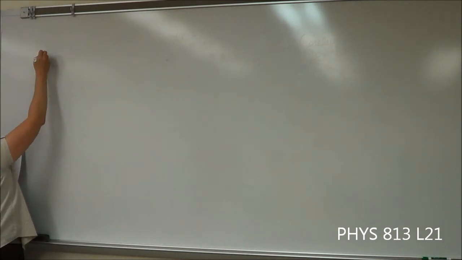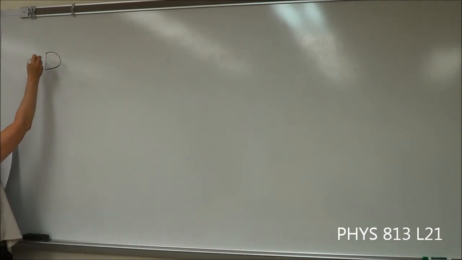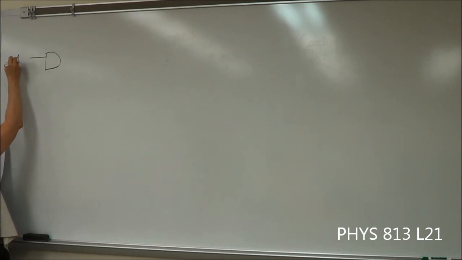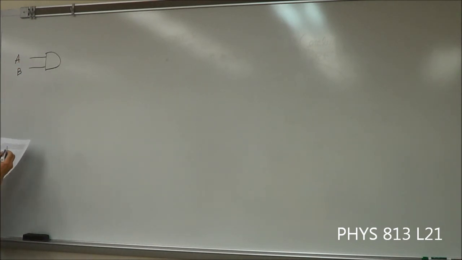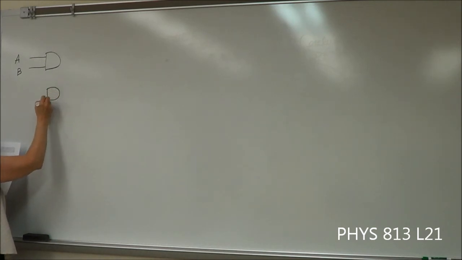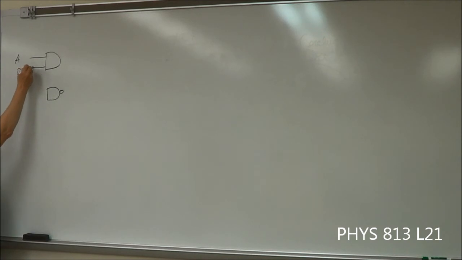So we're going to start with an AND. So this is A, and here we have B. Then we have a NAND, and there's a line from B down to this one. So whatever B is goes to this one as well as this one.